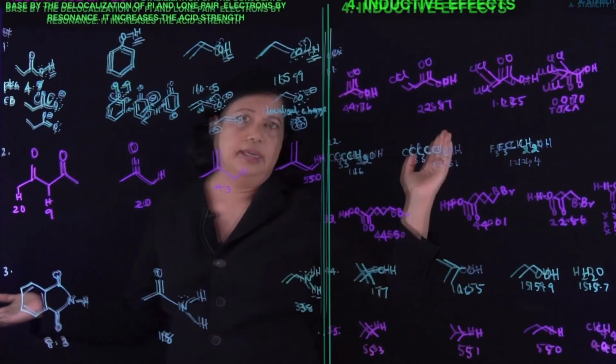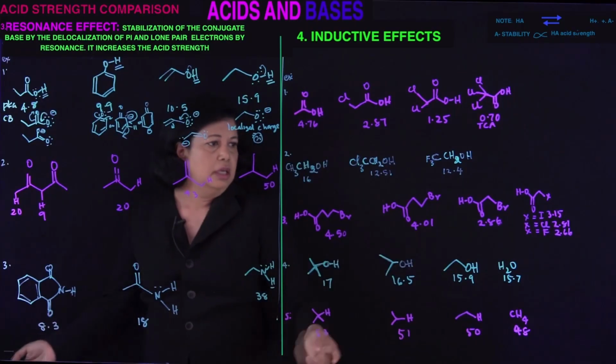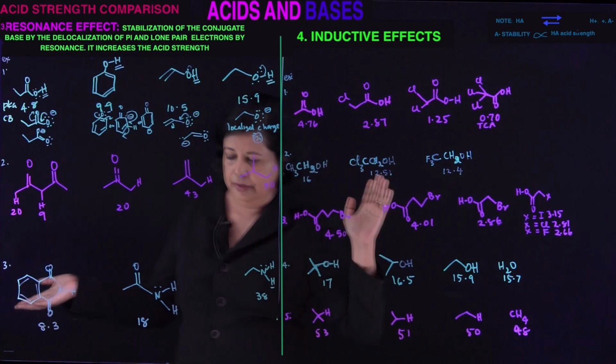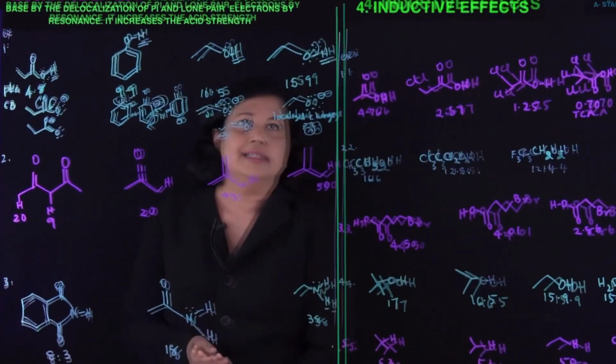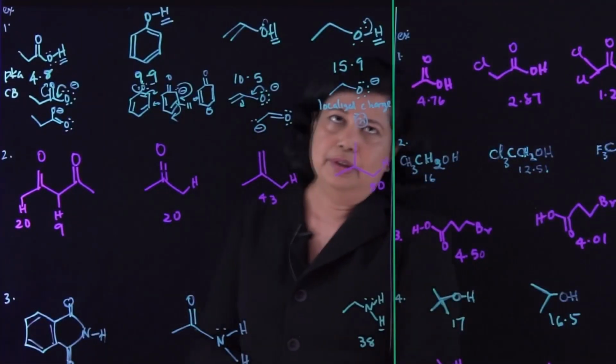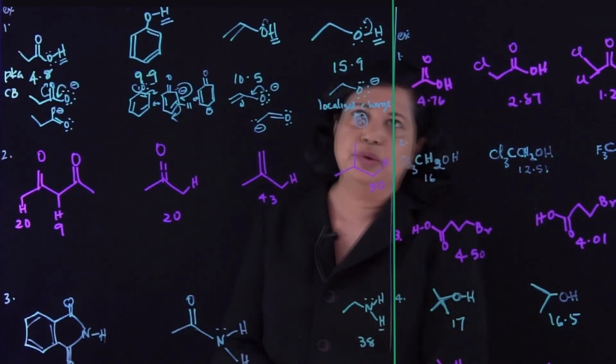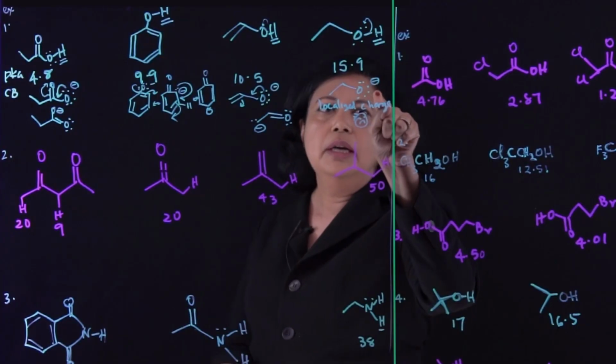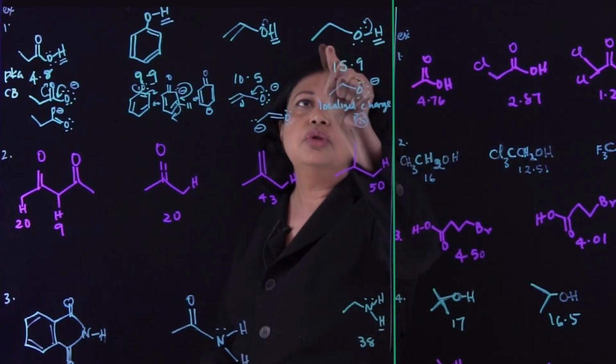Alcohols are neutral. It's like water. pKa of water is 15.7. And this is just like water. I mean, when you drink alcohols, it just feels pretty neutral, right? So you're going to have this localized charge in a neutral environment.